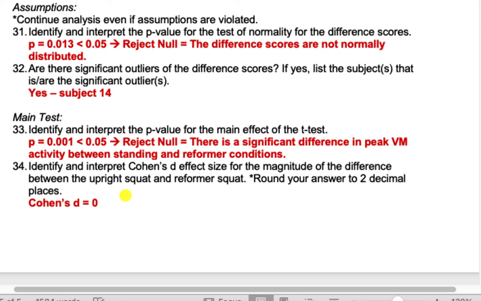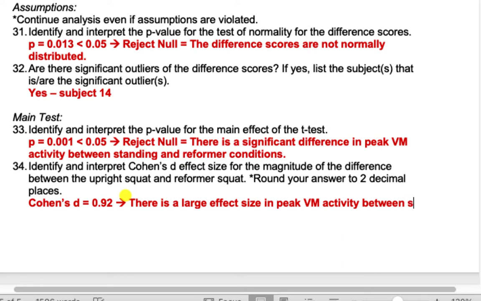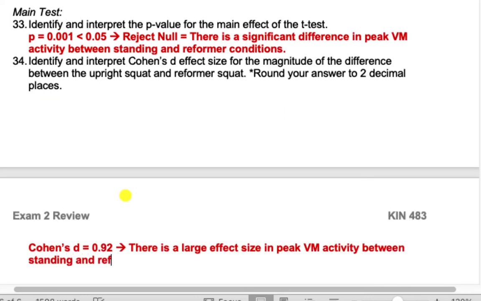Okay, so 0.92. And we would interpret this as there is a large effect size in peak VM activity between standing and reformer conditions.